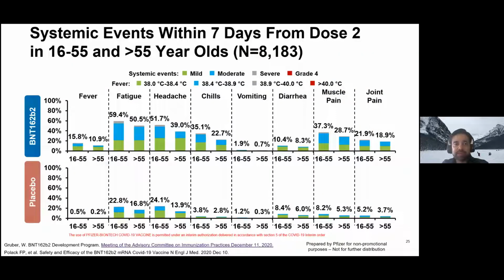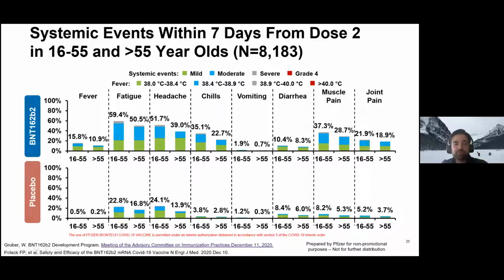I'm just showing you the data after the second dose because that's the one a little more severe than after the first one. So you have 16 to 55 and 55 plus stacked next to each other. And as you can see, the older ones fare slightly better than the younger one. Around 10 to 15% have fever, and fatigue, headache, muscle pains are the most common ones. And you can see a good percentage of the placebo also report that.